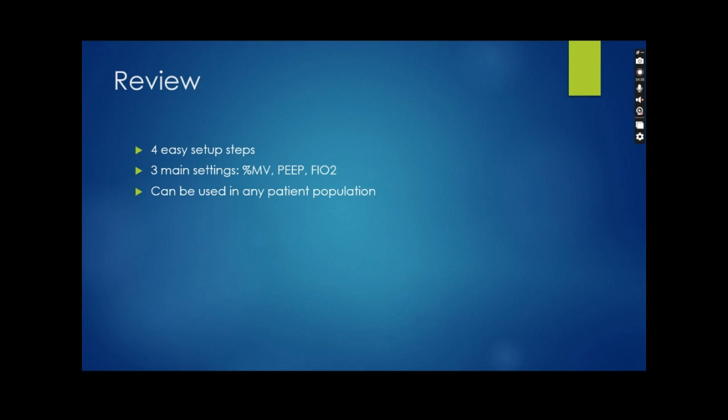Just as far as what I've seen clinically, ASV may not be the best mode to use in some of our neuro patient population, depending on the patient's breathing pattern. If the breathing pattern is very erratic, it can be difficult for the vent to keep up with the changes in the patient's effort, increase in effort, decrease in effort.